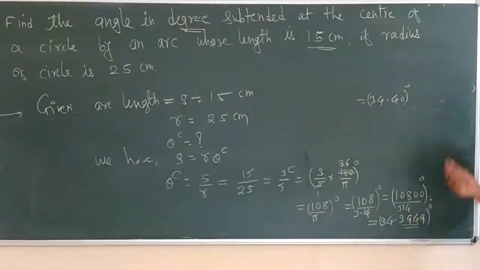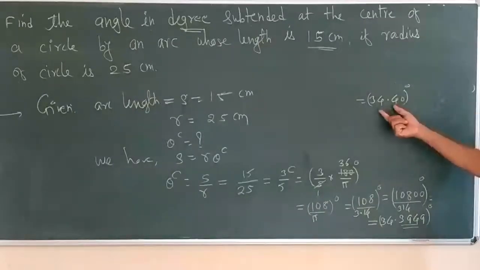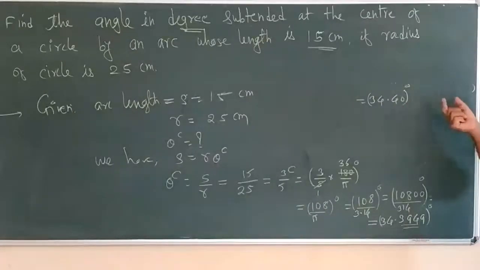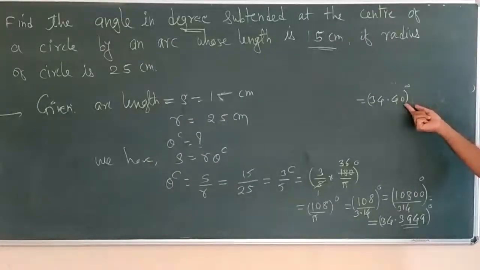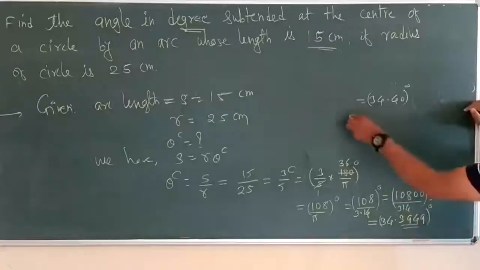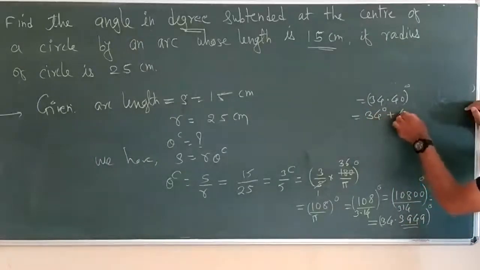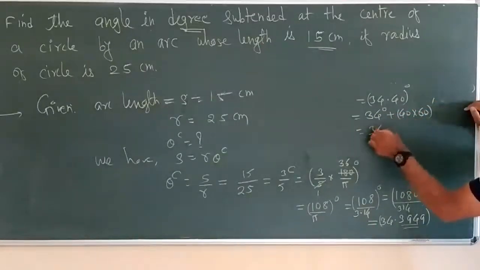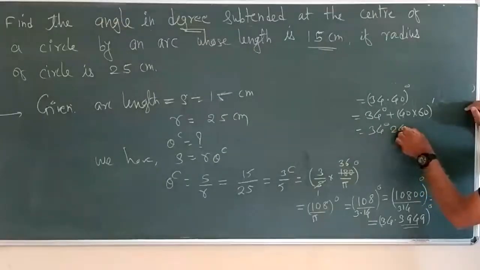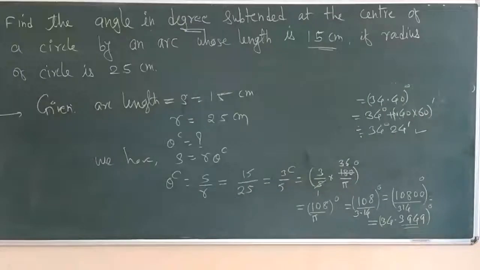If we convert into degree, minute and seconds, then again multiply this by 60 to convert it into minutes. That is equal to 34 degree plus 40 into 60 minute, and that is 34 degree 0.24 minute approximately. This is the central angle.